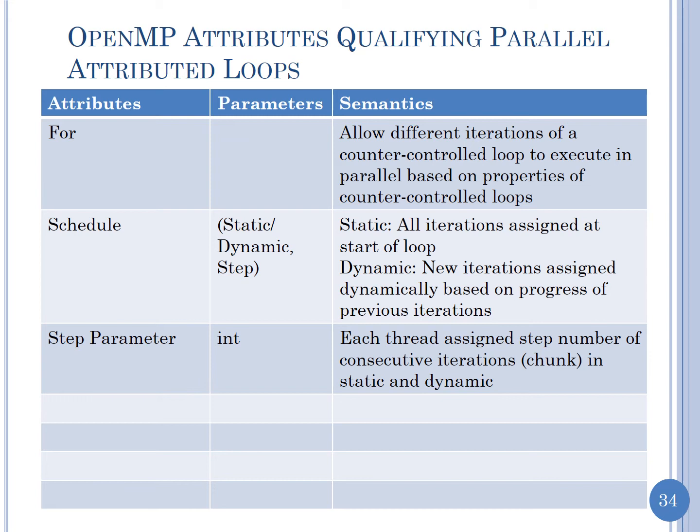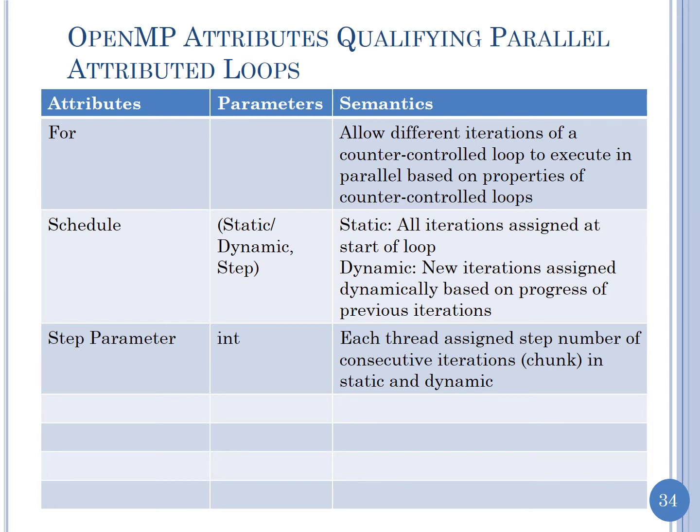That's one parameter. The second parameter is a step, which is an int. Step means that each thread is assigned a step number of consecutive iterations, in both static and dynamic. But in static, you assign all iterations at the start of the loop. In dynamic, you look at the load and decide based on that.